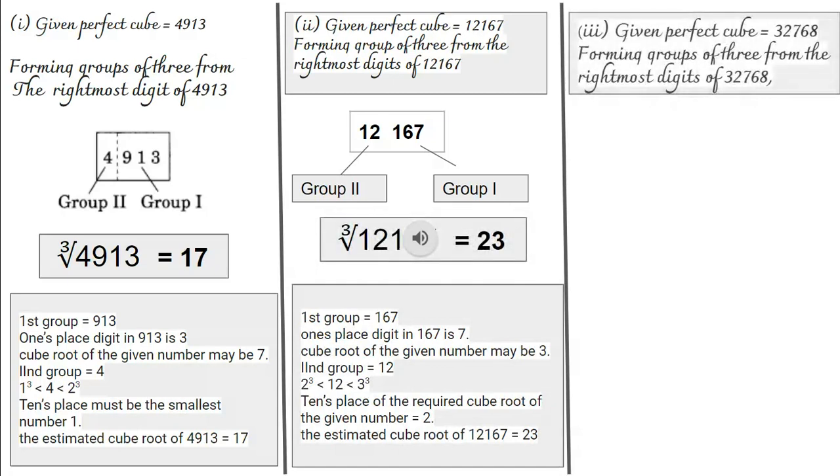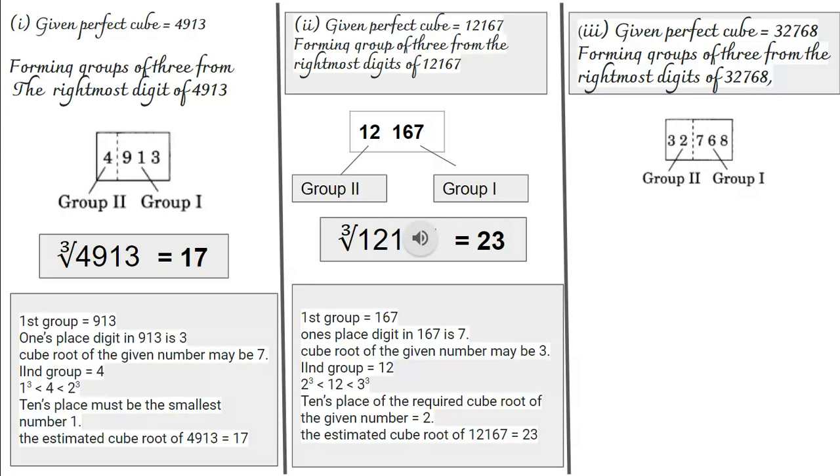That is 32,768. Here also the first group is 768 and the second group is 32. The first group unit place is 8, and we know that 2 cube is equal to 8, so if unit place is 8 then the cube root will be 2.